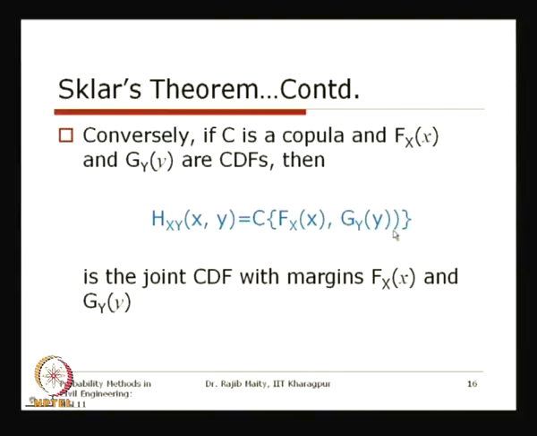So if we have F(x) and G(y), then through this copula function we can obtain their joint distribution H(x,y). This is the joint CDF of the random variables X, Y with the margins, meaning the marginal distributions F(x) and G(y).